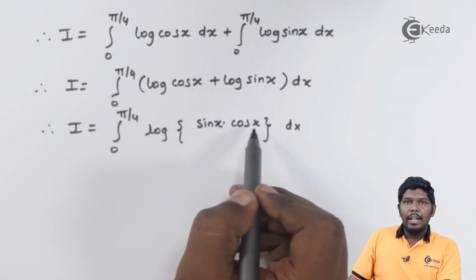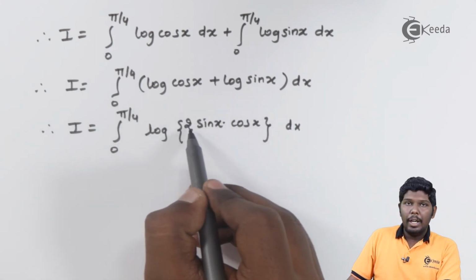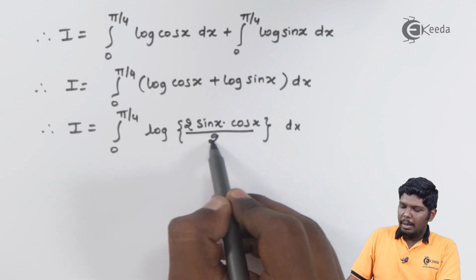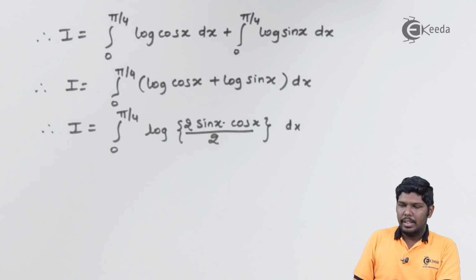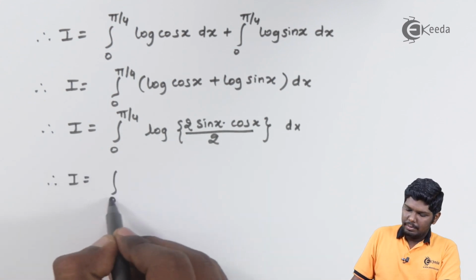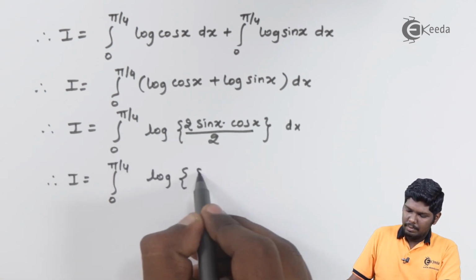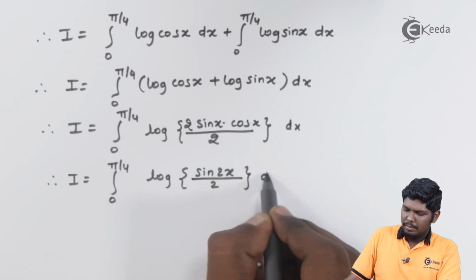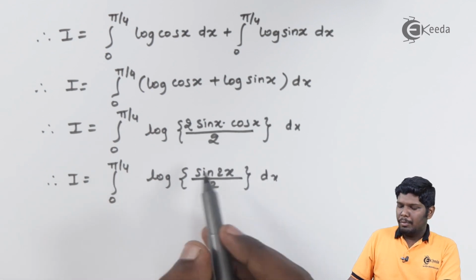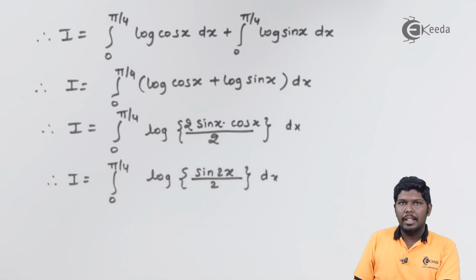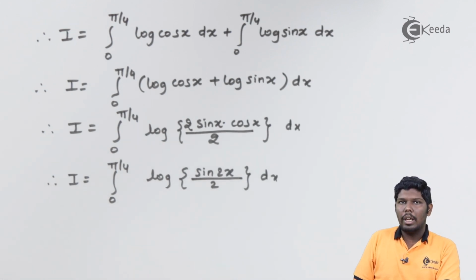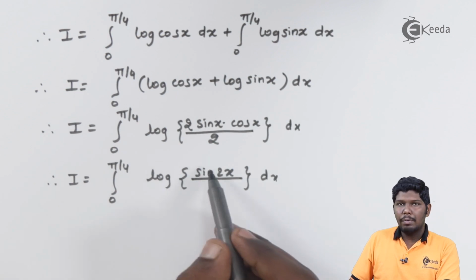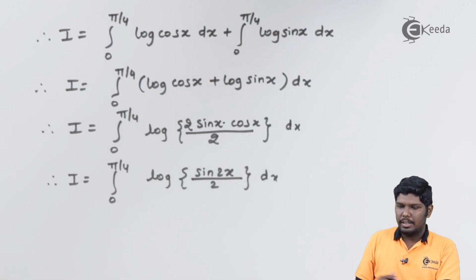For product of sin and cos, we need to multiply it by 2 and balance it by dividing by 2 again. So 2 sin x cos x will give you sin 2x. So we have integral 0 to pi by 4 log of sin 2x upon 2 dx. Now we can go for the formula log of a by b, that will give you log a minus log b. Here we have log of sin 2x minus log 2 dx.